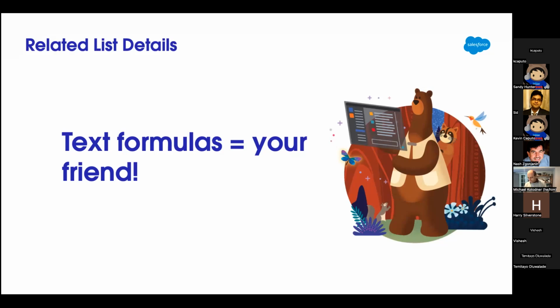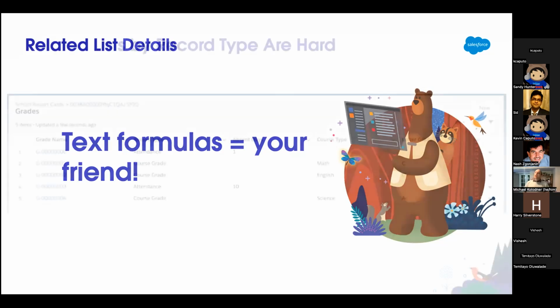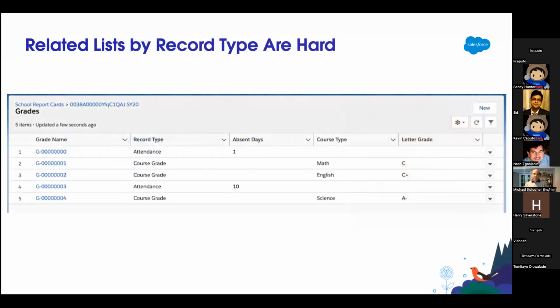All right. So next, this was one of the things that makes me a little crazy when it comes to the user experience. So here's a related list for a grades object for one of my clients. Grade is a simple object that works pretty much as I expect most of you would expect it to. We have a school report card, which groups the grades for the year.